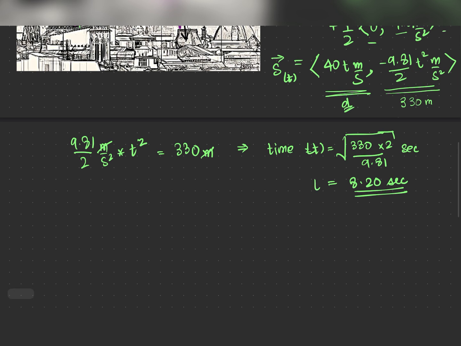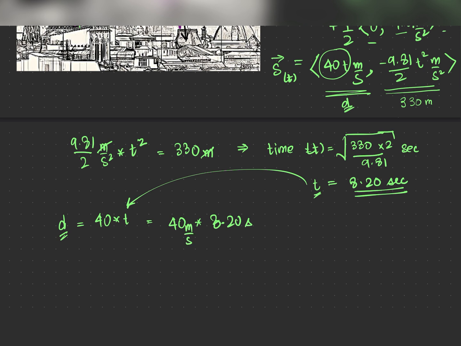And now that we know t, we know this term, which is the distance we are looking for, equal to 40 times the t that we solved for. We can explicitly write it here as 40 times 8.20 seconds, with meters per second as the shooting speed of Messi.